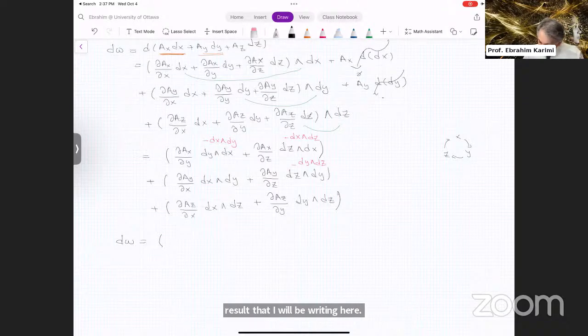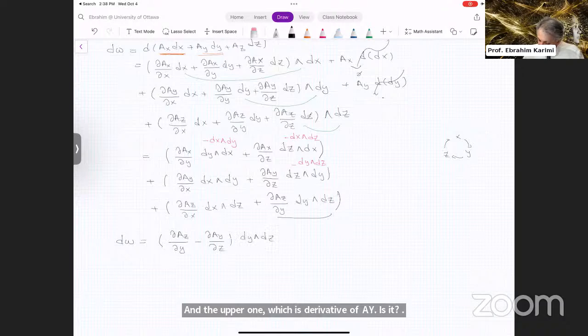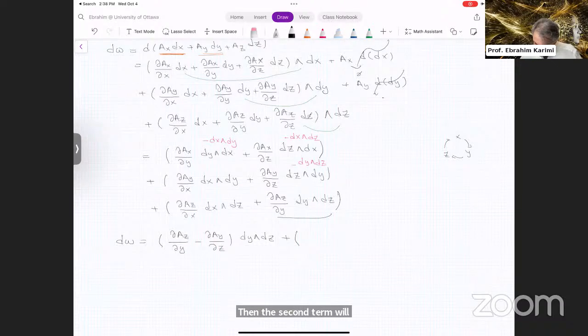It will be the derivative of Az with respect to y minus the derivative of Ay with respect to z, dy wedge dz. Then the second term will be x and z.